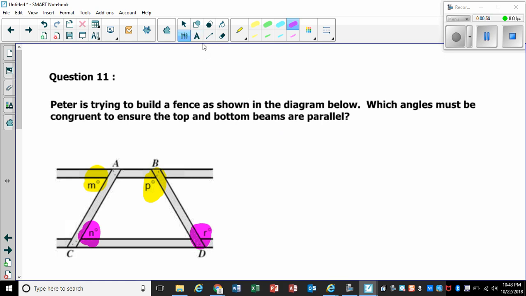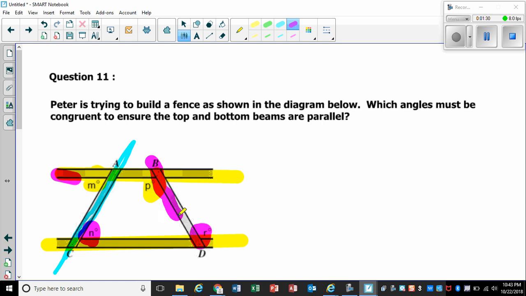What we are trying to do right now is see if this yellow line is parallel to this line. We have two transversals. One of the transversals is AC, and the other transversal is BD.